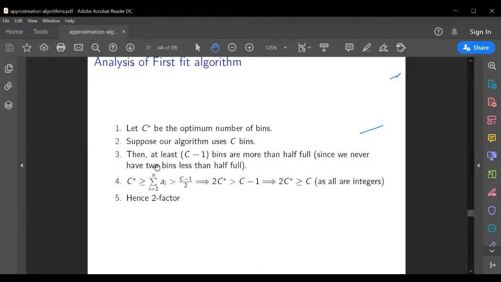So 2 C star is greater than C minus 1. The ratio C by C star is therefore less than or equal to 2, which is the epsilon, or the K, that we defined in the initial thing.